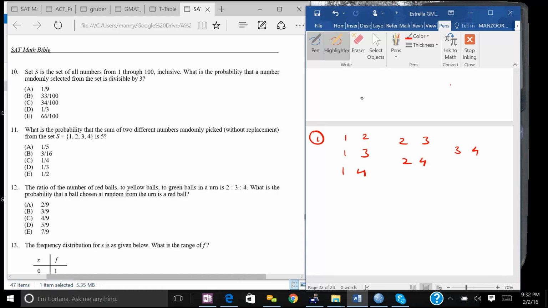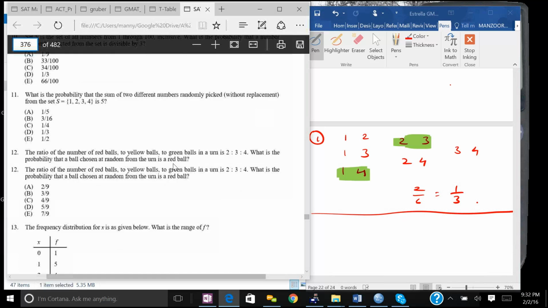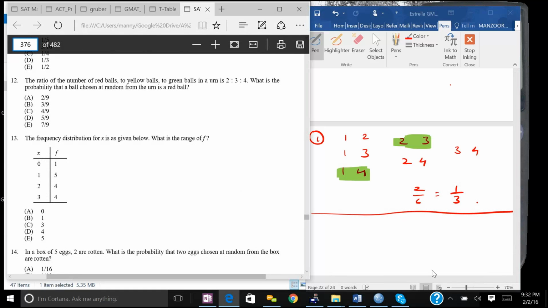How many of these add up to 5? This one and this one, right? So basically we have 2 out of 6 of those, which is 1 out of 3. Okay, I got it. Okay, number 12.